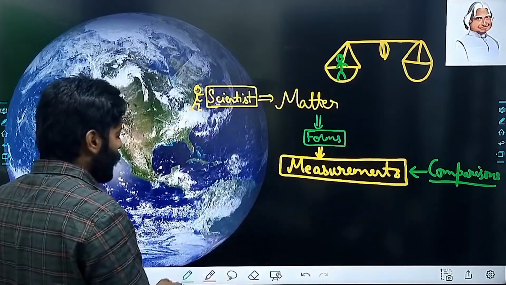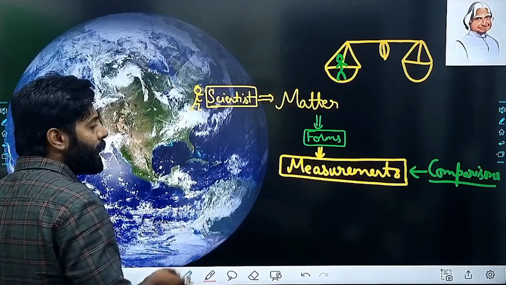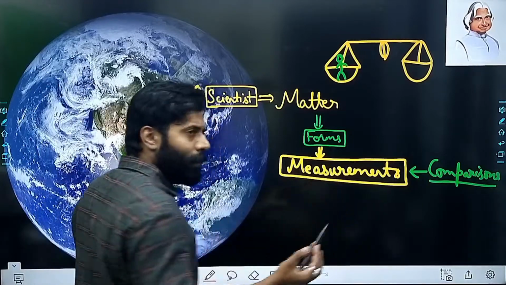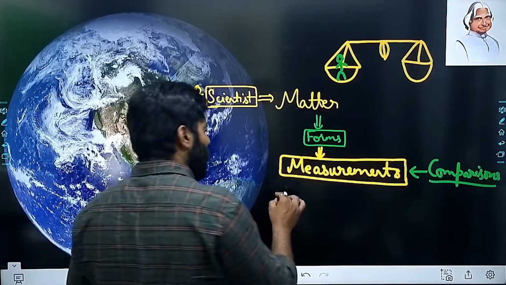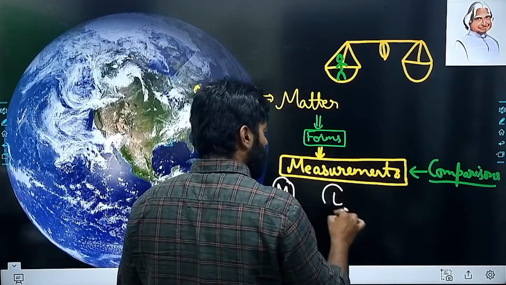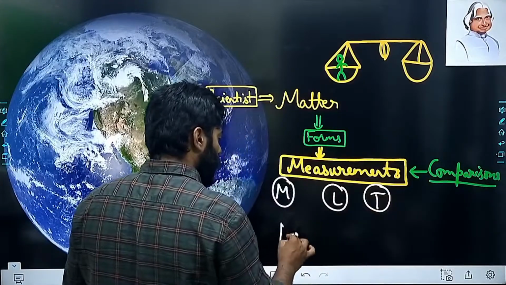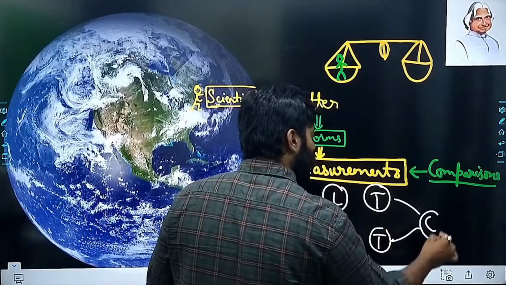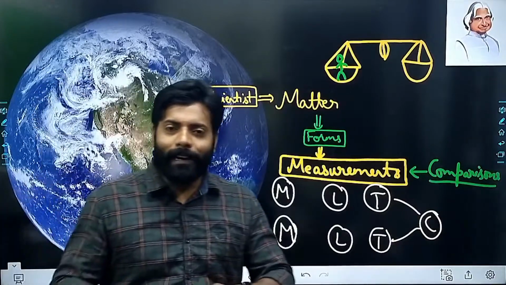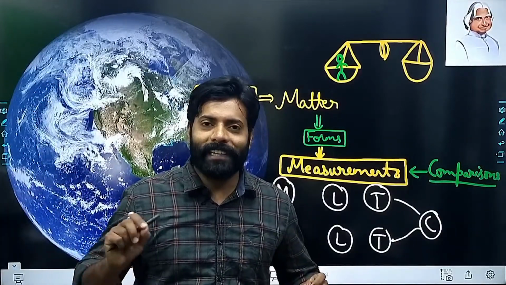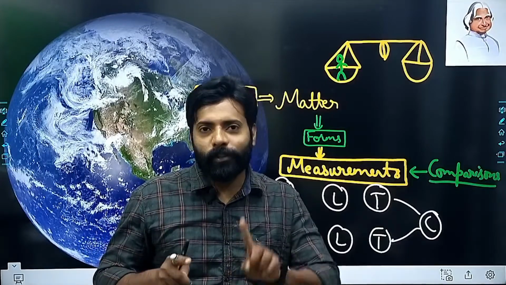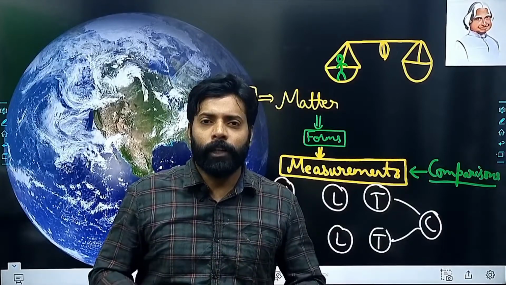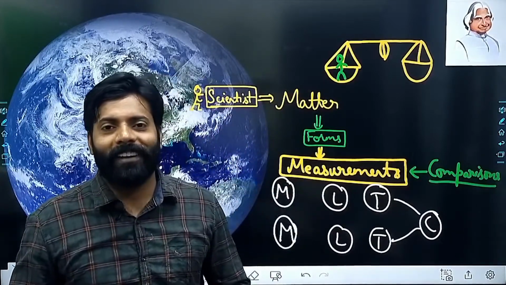Those fundamental quantities, the basis for measurement, you can easily trace: MLT, and in between you are having a C. This is so simple. C is current, not charge. Why current? Because from current you can easily go to the charge and to the magnetic field. So we require something in between, right?